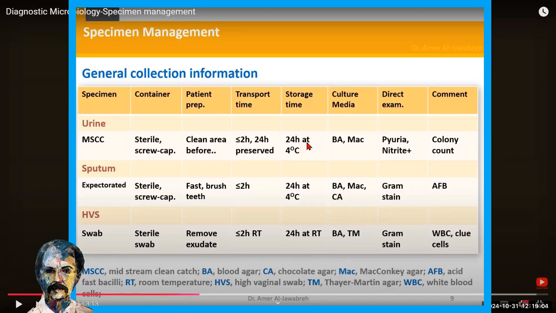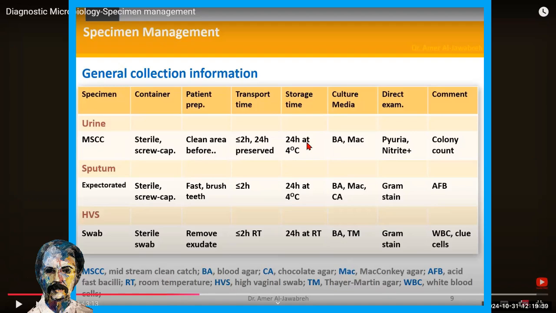We have to do Gram stain here also, because you might see intracellular diplococci, Neisseria, in the white blood cells. So you can give an indication that this is it. Also, we have to do a wet mount, because in many cases we find out that the problem is not bacteria, the problem is a parasite.